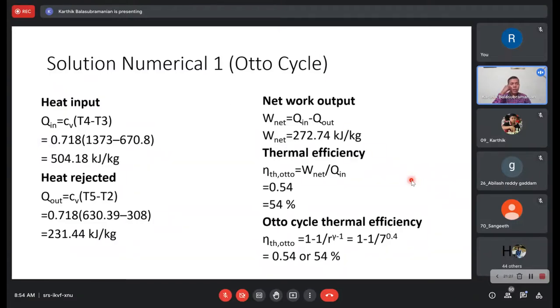CV value is 0.718 kilojoules per kilogram Kelvin. So T4 is 1373 minus T3 is 670.8. What you get is 504.18 kilojoules per kilogram. Note we are using CV of air, right?